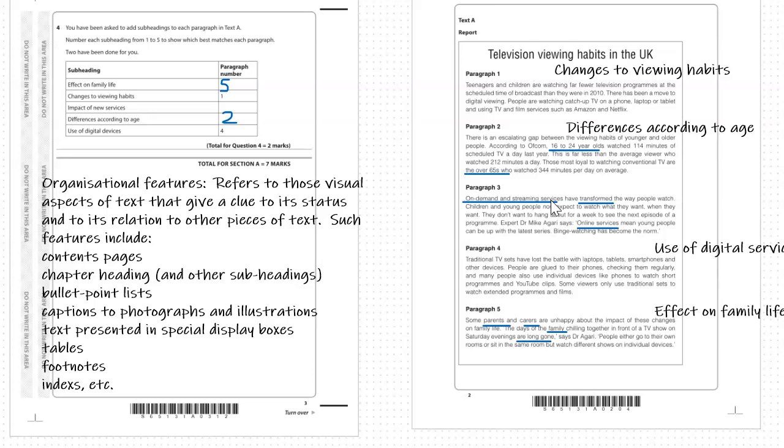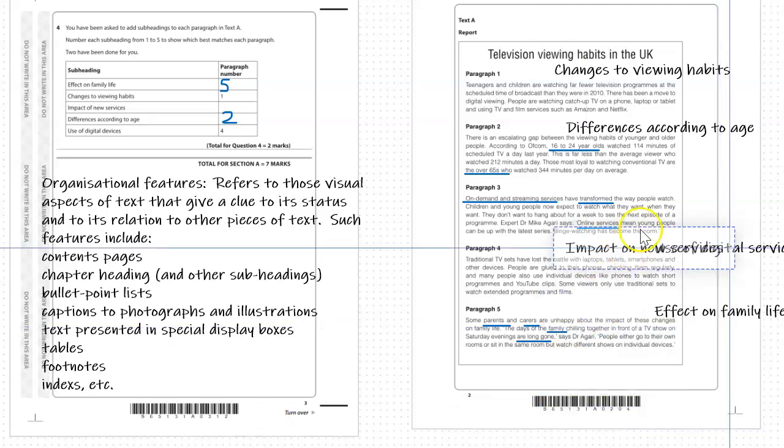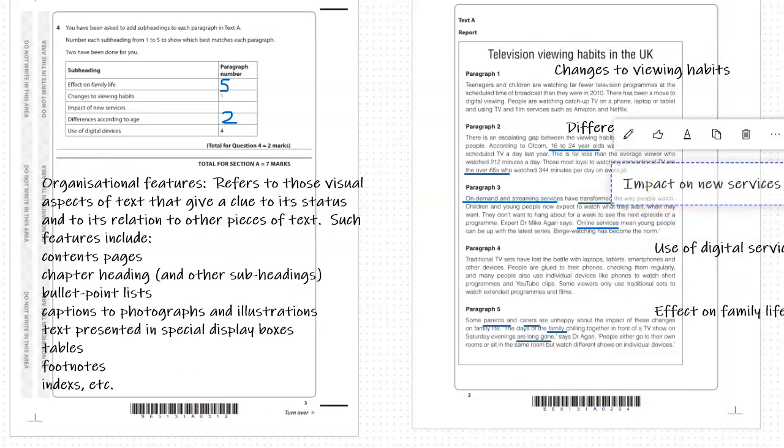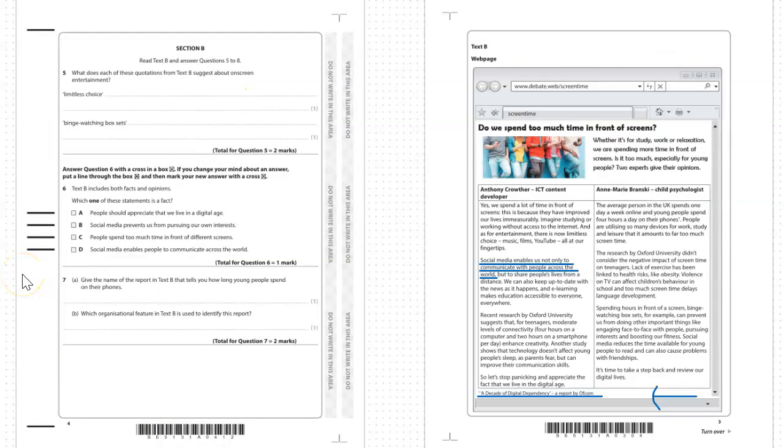So that's a good start. It's been transformed, so that will go with the impact. Online services. So picking out words. Obviously double check it by reading the whole paragraph. It is a reading test, so you are meant to be reading constantly, but the paragraph that this goes with is impact on new services. Paragraph 3.